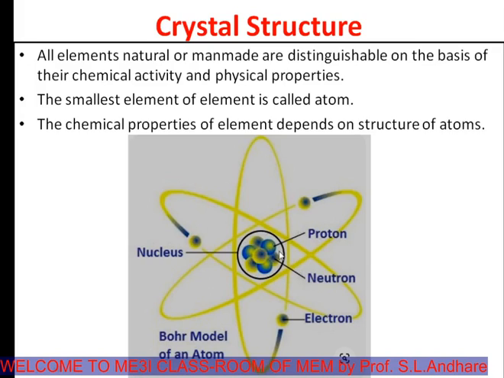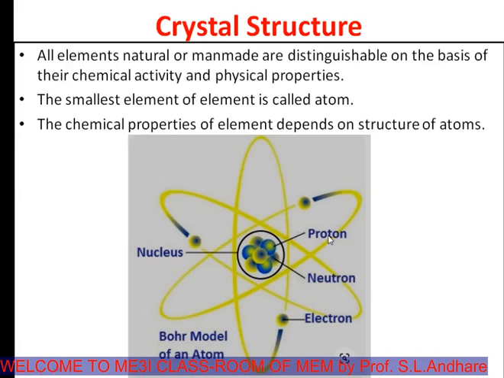The way our solar system model is, the sun is at the center, and the earth, Saturn, all these planets are orbiting around the sun. Exactly in the same way, the atom model was suggested by Niels Bohr. Nucleus comprises protons and neutrons.